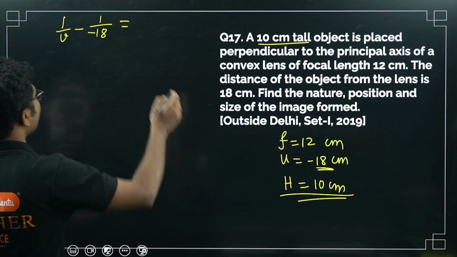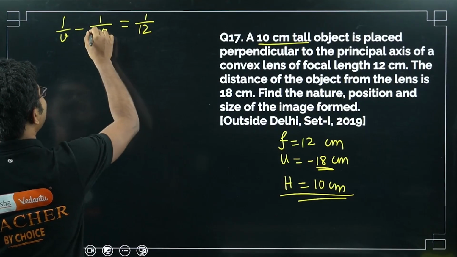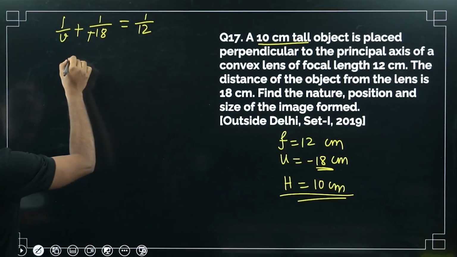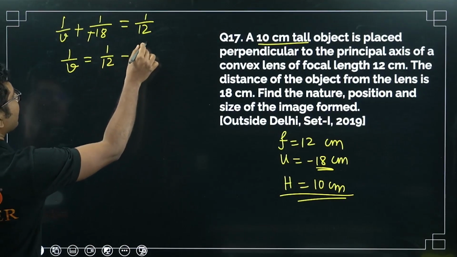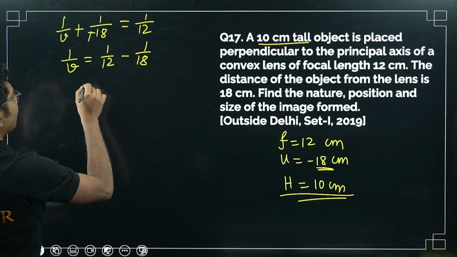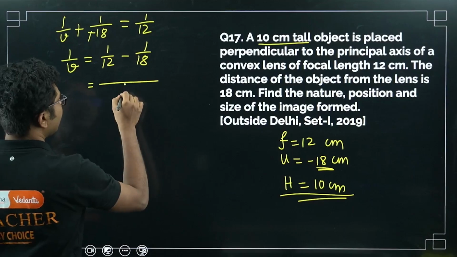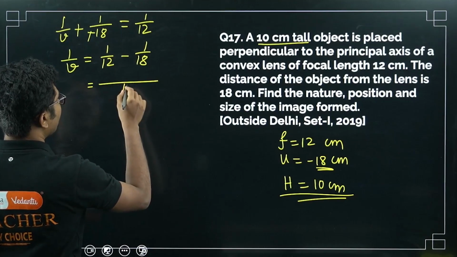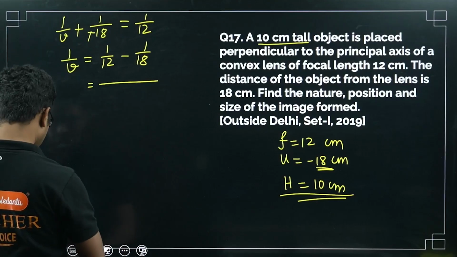But here it is 1 by 12, and unfortunately we have to do the mathematics, no other option. 1 by 12 minus 1 by 18, so the LCM is 36.